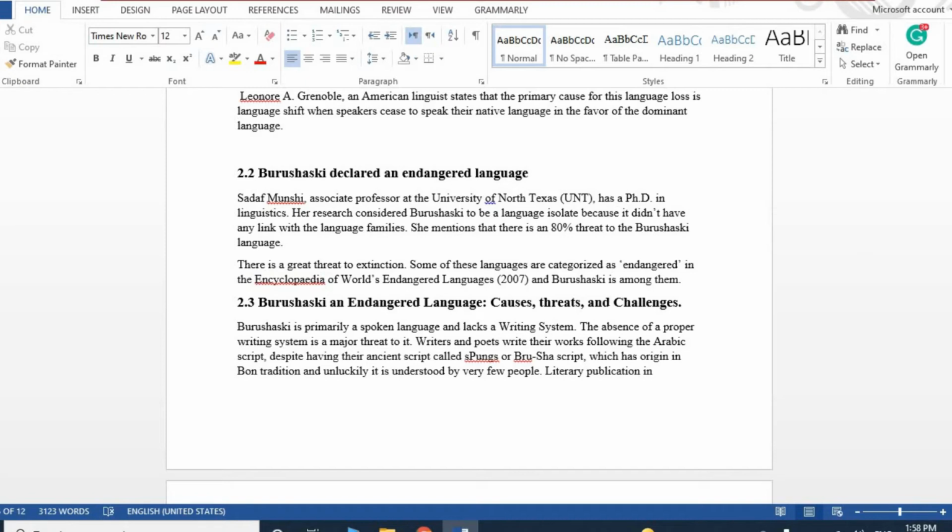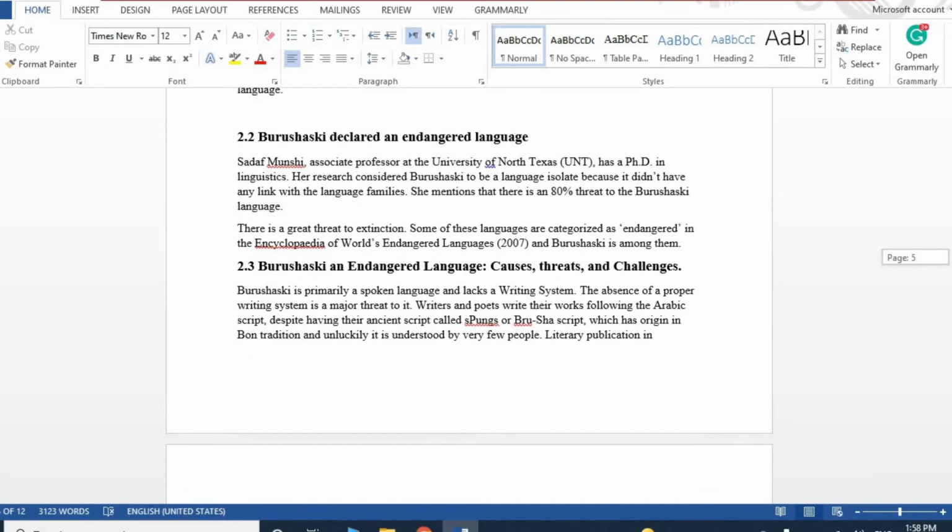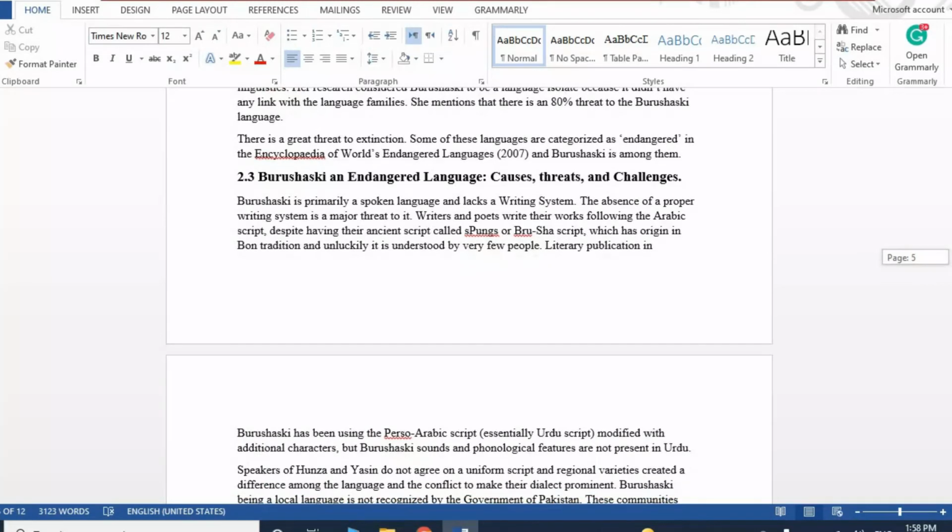And apart from that, the subheading includes Burushaski as an endangered language. What are the causes? What are the threats and challenges it faces? Primarily, it is a spoken language, and it lacks a writing system. That is the major challenge it faces. If there is no written form of your language, obviously it will be prone to endangerment.